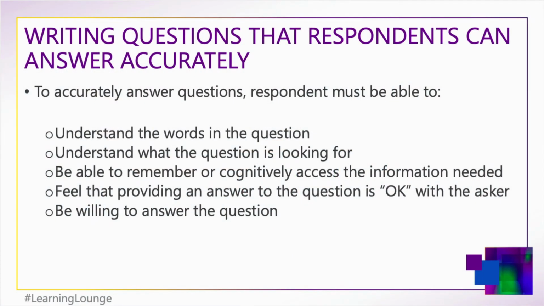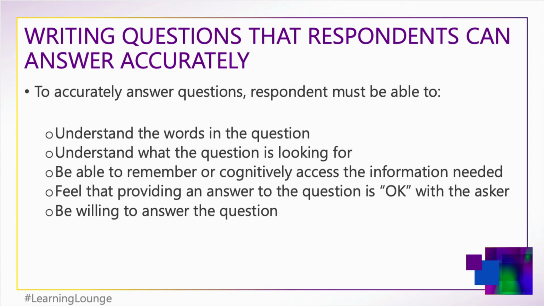And then writing questions that people can answer accurately, because there are questions that people can't. So some of the things we try to incorporate that help people answer accurately: all respondents need to understand the words in the question. If you use words that are jargon or terms that are not commonly understood, they're not going to understand.